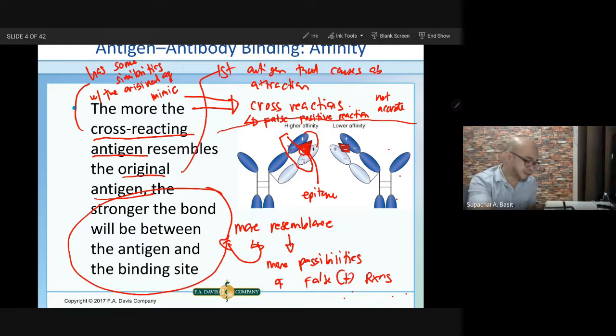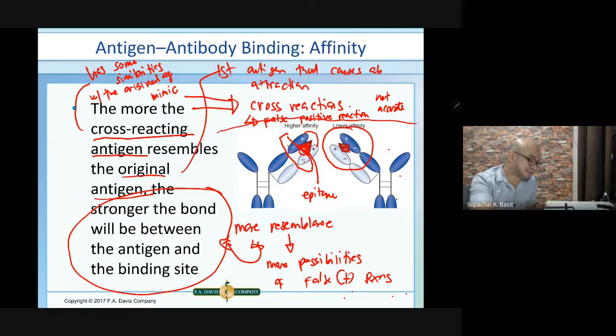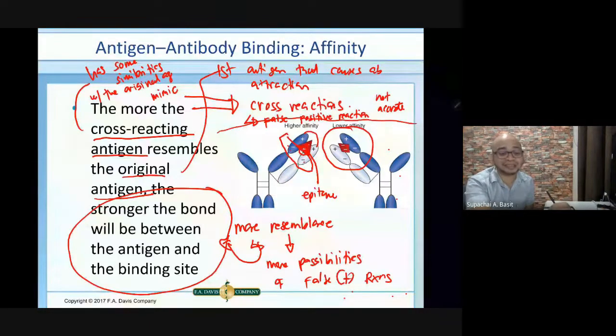But in this particular illustration, you have an epitope that is both negatively charged, so it will only bind to a certain part of the FAB, not the entire part. So this results therefore in lower affinity. Okay, so positive forces attract negative forces. That's the principle in affinity.